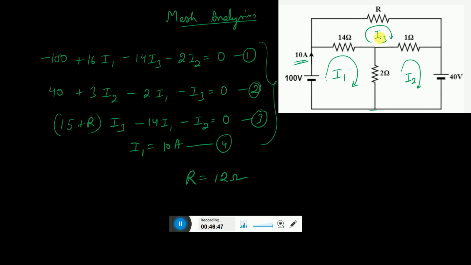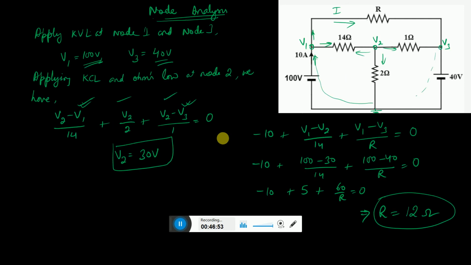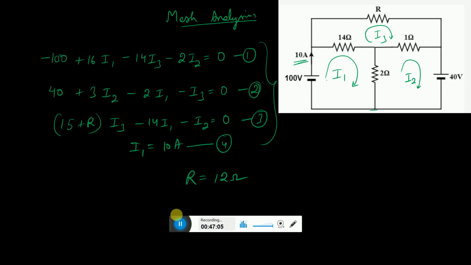The number of equations is 3, which one can solve easily, but you have to do a little calculation. In node analysis, the number of nodes is also 3, but you get the values of V1 and V3 quickly. So you have to use some logic to understand which one to use and how to use it.